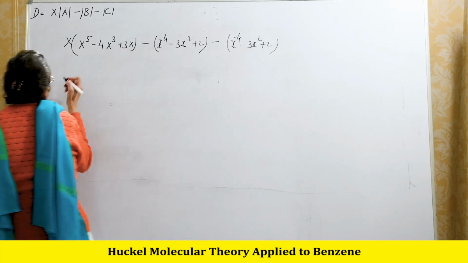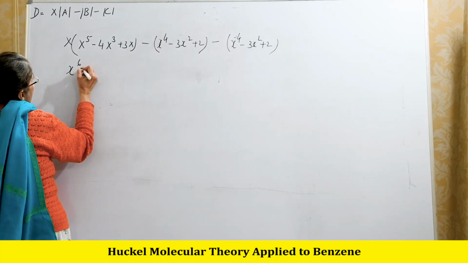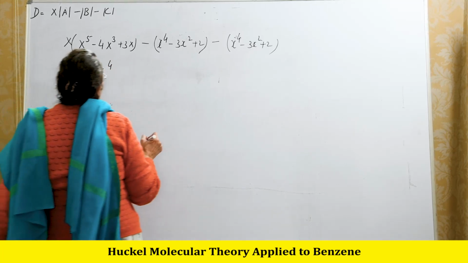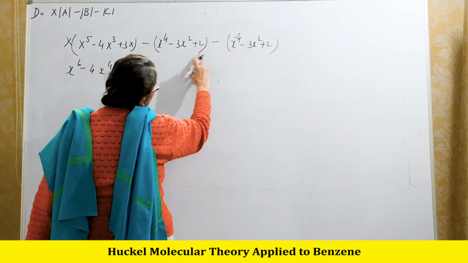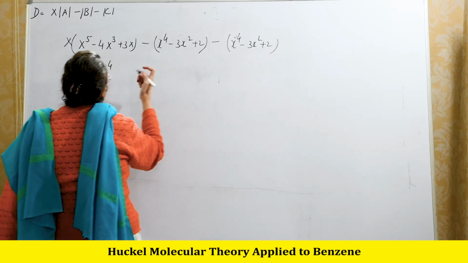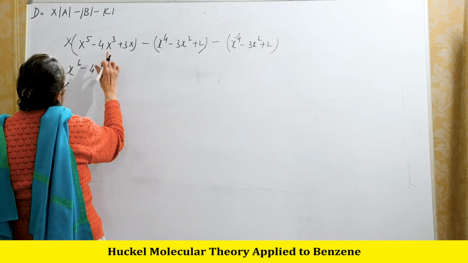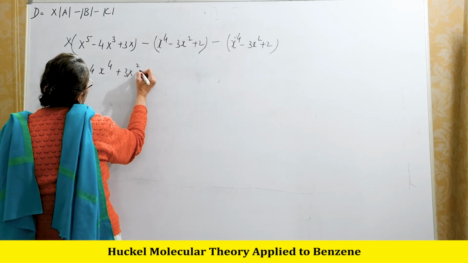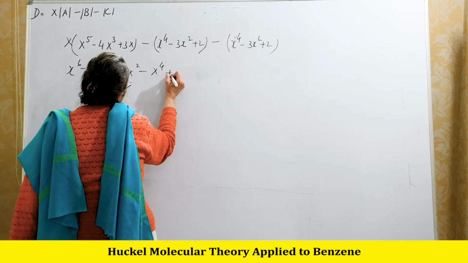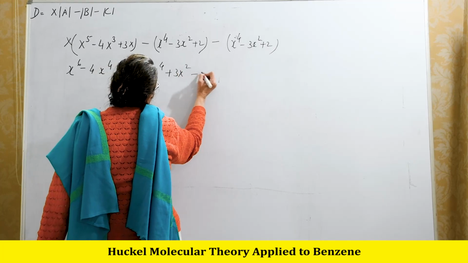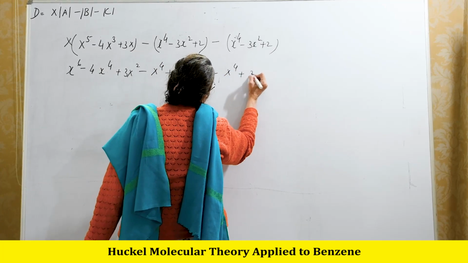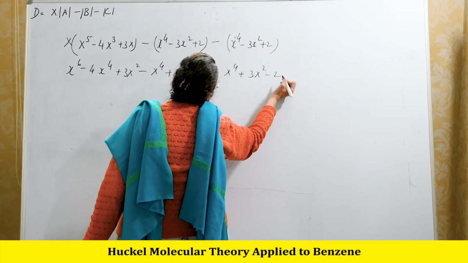So we get x6 minus 4x4 plus 3x square and minus 4x4 plus 3x square minus x4 plus 3x square minus 2, minus x4 plus 3x square and minus 2.